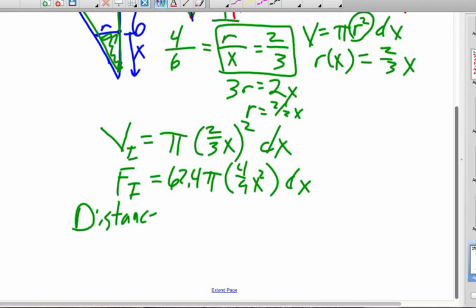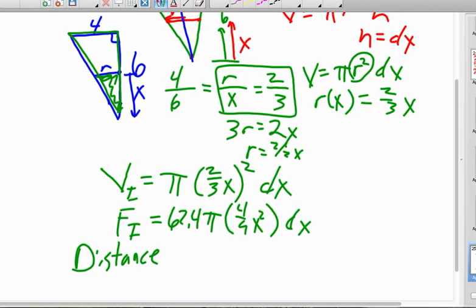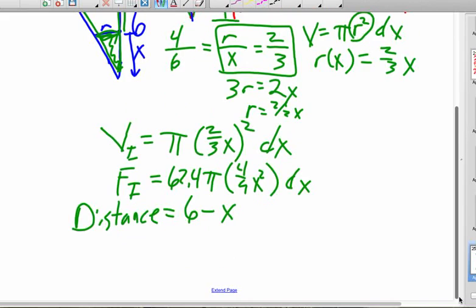And thinking here is exactly like what I did on the other one, which is that if I take a look at this little disc right here, it is going to have to be lifted up out of this part because we're pumping it out of the top. So my distance is going to be 6 minus x.